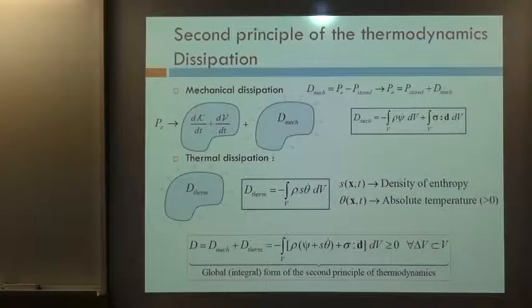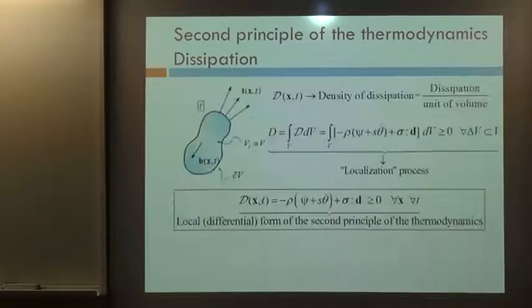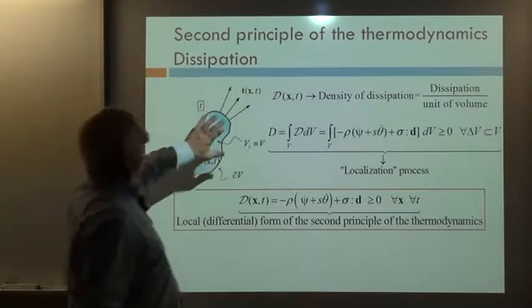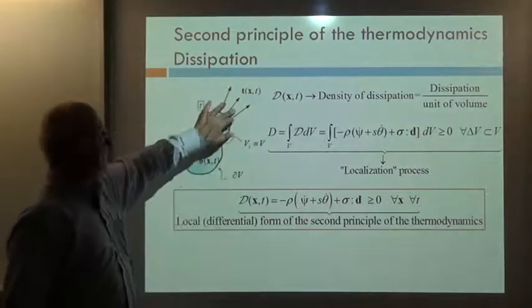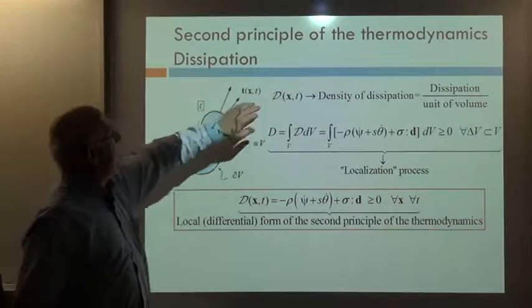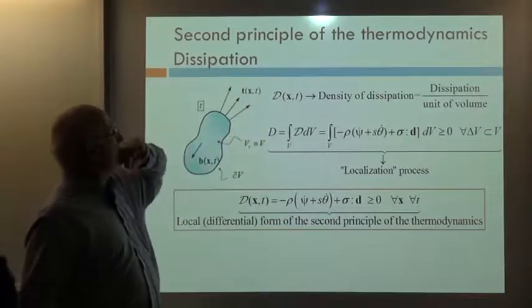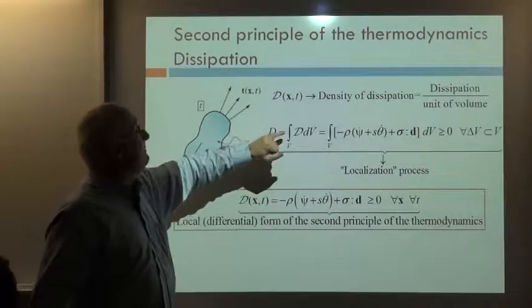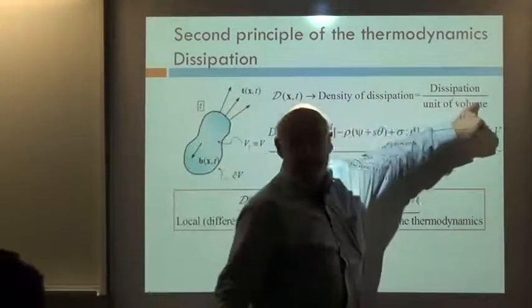And just to finish, this is what we have arrived to. We have a continuum medium at time t. Dissipation is a function of t. Of course, we now define the density of dissipation, so the dissipation per unit of volume.